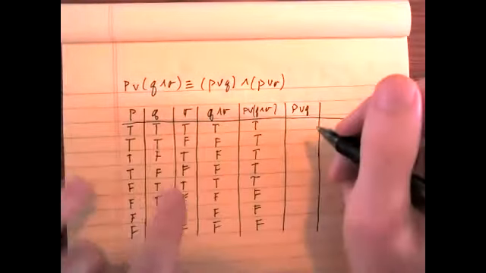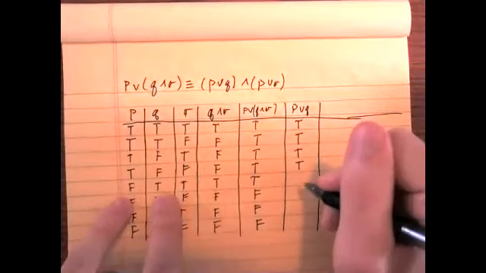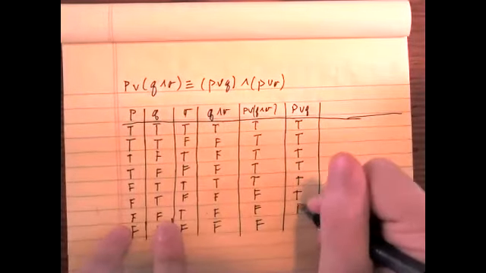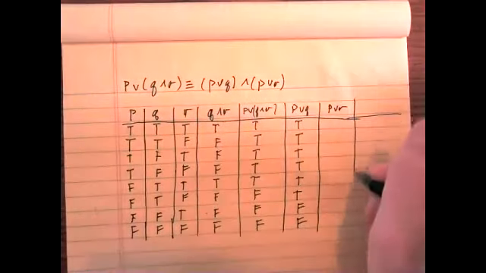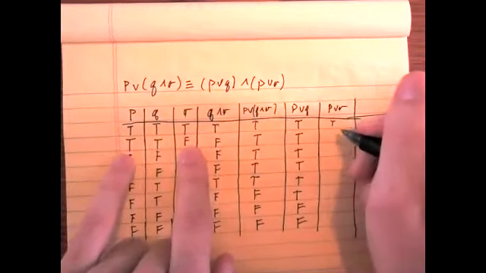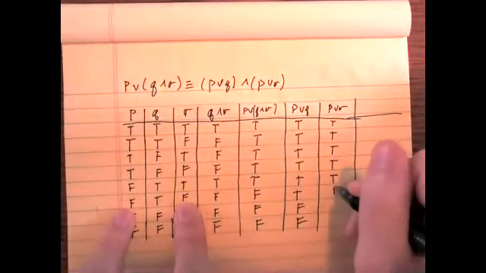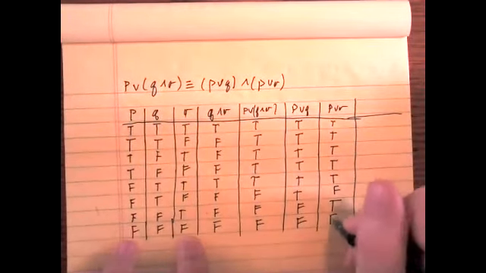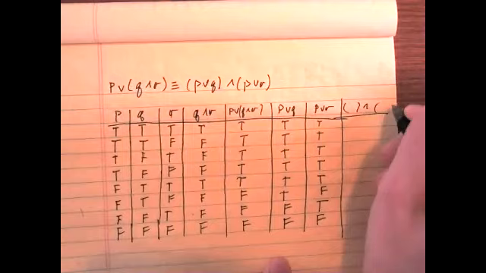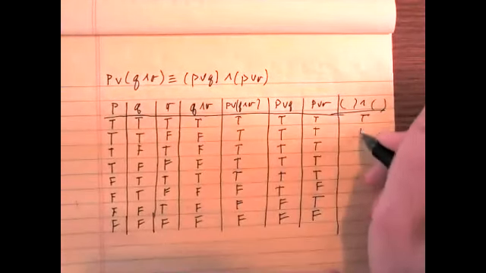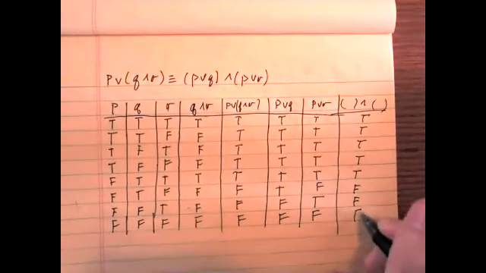Maybe y'all can see this faster than I can. P or Q is going to be true, true, true, true, true, true, false, false. And then P or R is going to be true, true, true, true, true, false, true, false. And then if I do this and this one, then I get true, true, true, true, true, false, false, false.